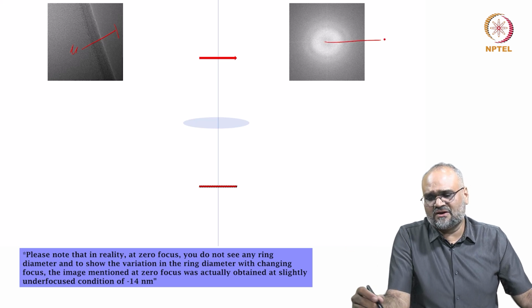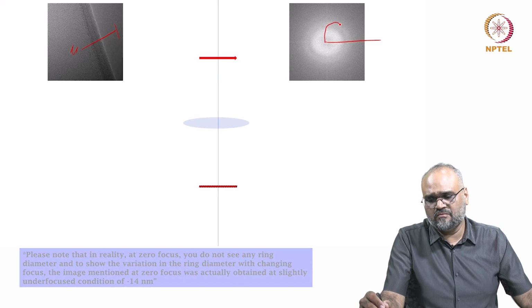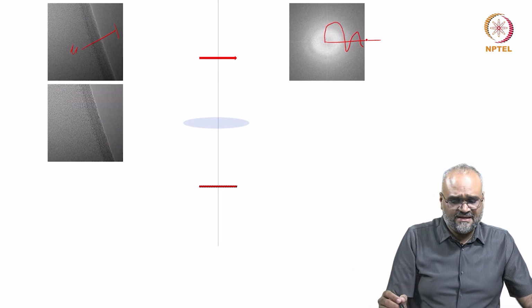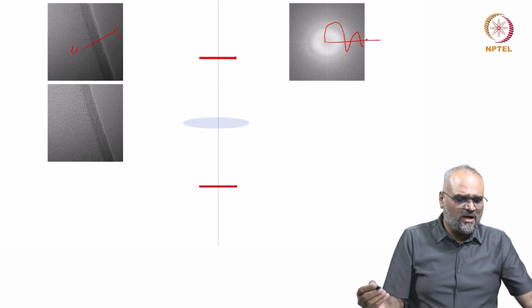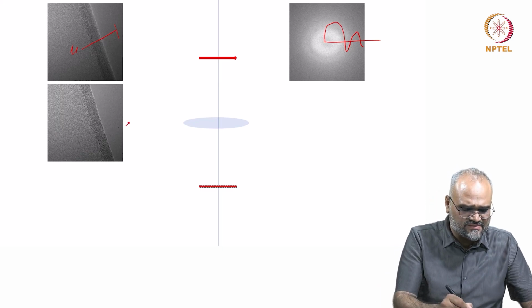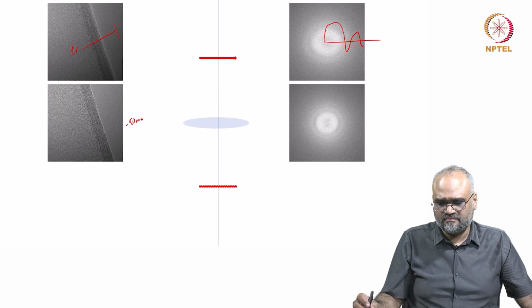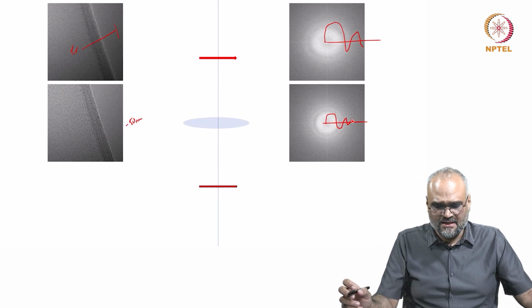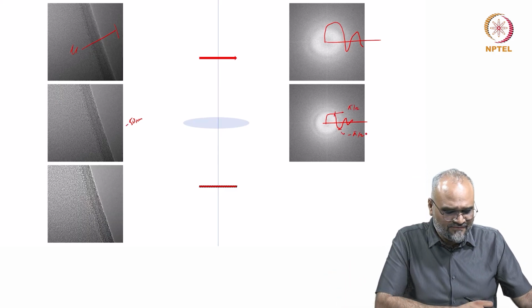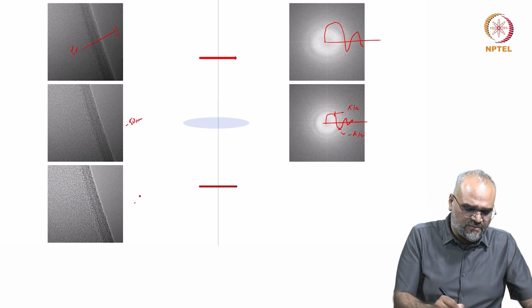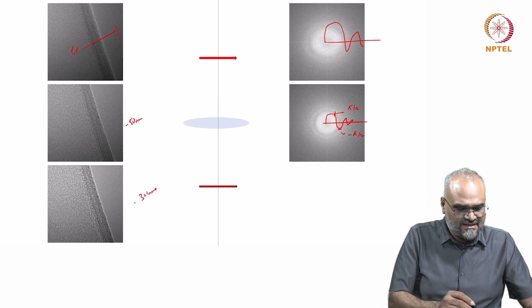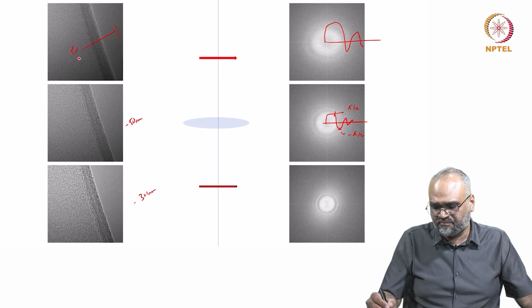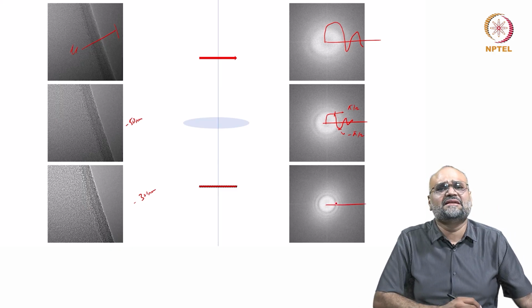And the contrast transfer function in this case appears somewhat like this. And if I now induce a small defocus of approximately, I think this was minus 50 nanometers, I start visualizing the profile like this. And if I look at a large defocus of approximately minus 300 nanometers, the contrast has significantly improved here, and my contrast transfer function starts appearing like this.